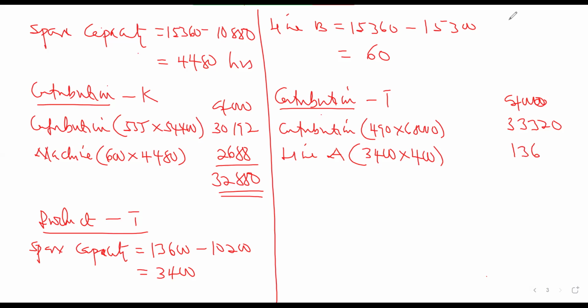Then we come to line B. We are going to be having 60 hours multiplied by 600. Is that correct? Yes. How much are we getting? 36,000. So what will be our total contribution now?